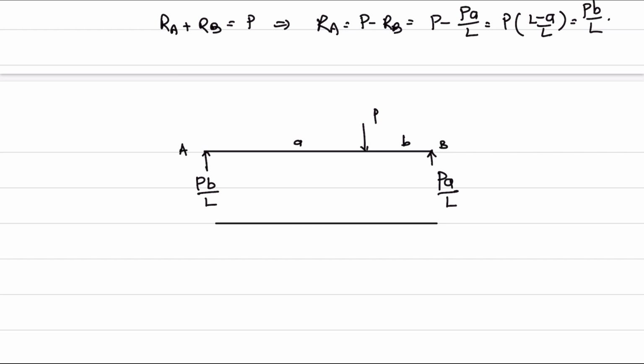At point A, bending moment will be 0. MA is equal to 0. As I told you, in a simply supported beam, at the end support, the moment is 0. Here also, the moment MB is equal to 0.